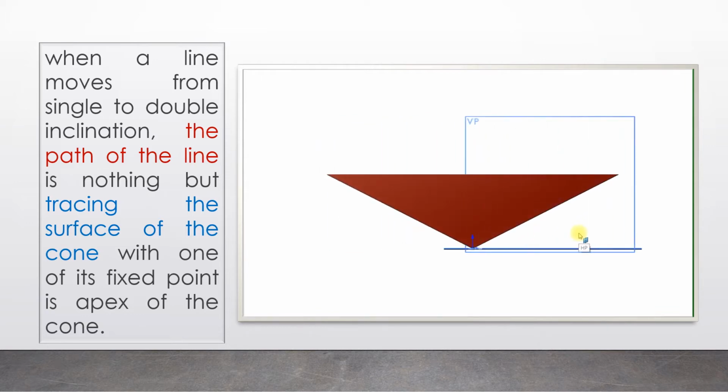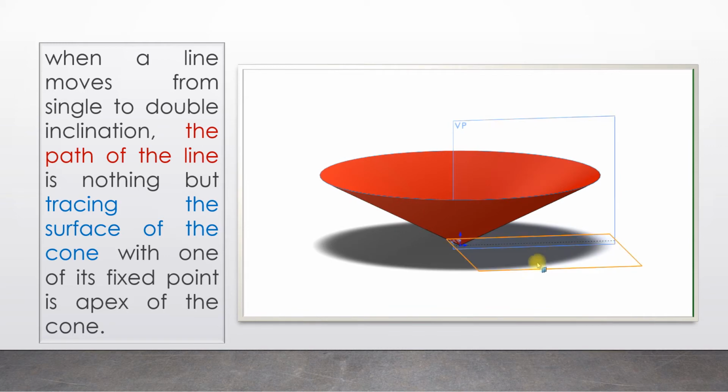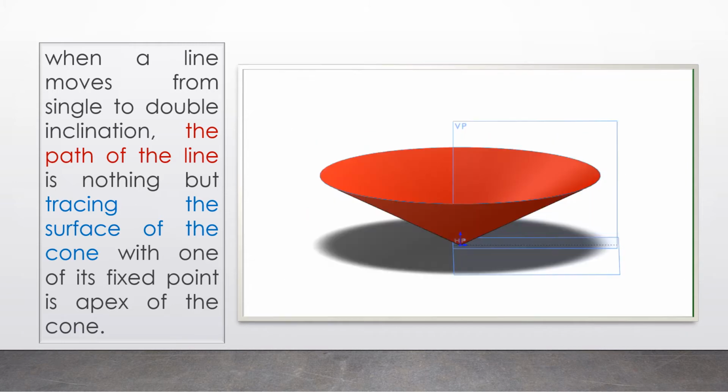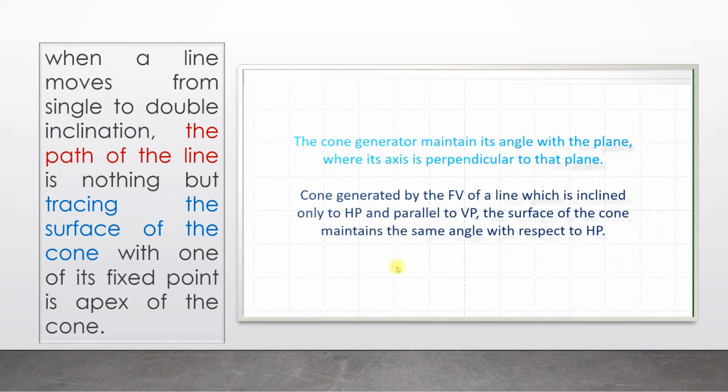If you take the surface of the cone, each generator will have some constant inclination, which is the complementary half cone angle, maintained the same with respect to HP, but with VP it will be gradually varied. The generator maintains the same angle.